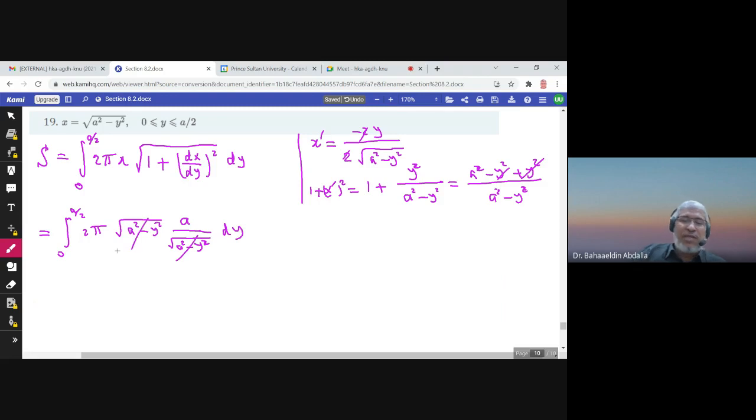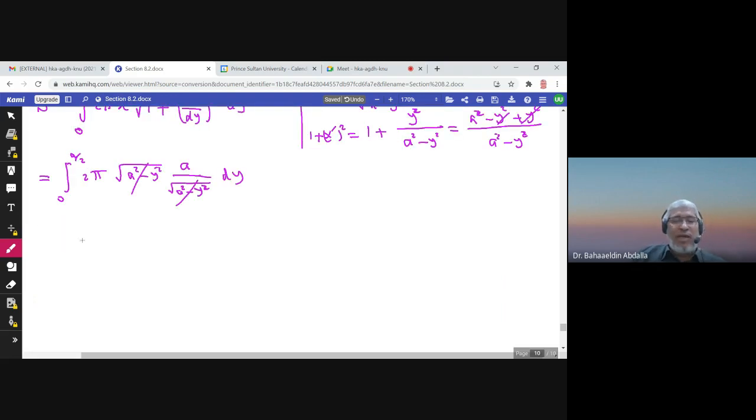These two cancel, and 2 pi a is a constant. So times a/2 minus 0. So it is in fact 2 cancels with 2, and I have a times a, which is a² times pi, and that would be the answer.